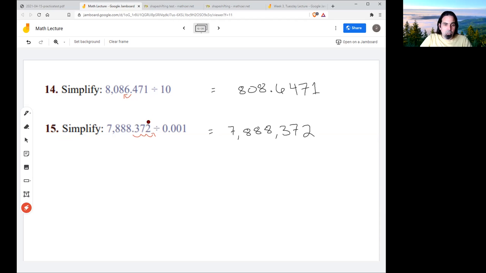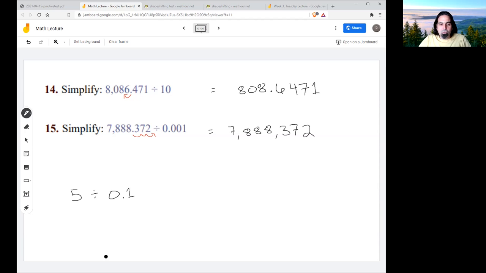This number is a little awkward. So let's just think about a simple one. What if we had 5 divided by 0.1? Have friendlier numbers for our thought experiment. So this is saying I'm taking 5 cakes, and I'm chopping them up into tenths.